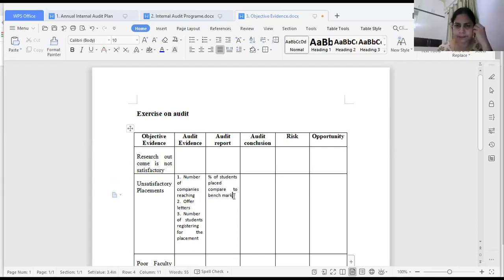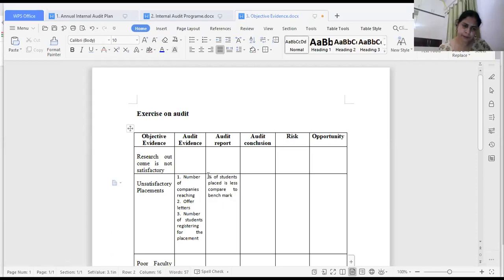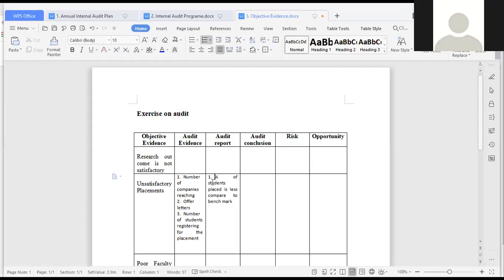Madam, in this sentence, percentage of students placed is less compared to benchmark. First of all, number of eligible students. Number of eligible students for placement, the final year students.